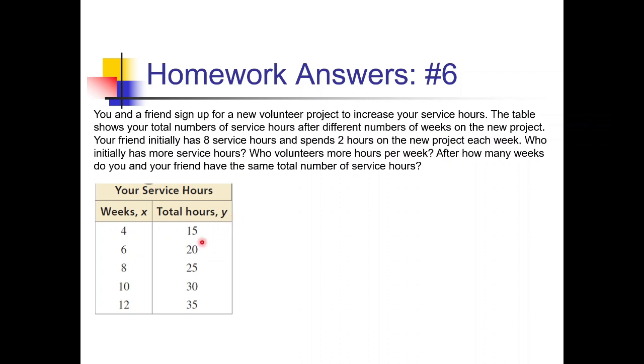So we have y2 minus y1, 20 minus 15, over x2 minus x1, 6 minus 4, and I'm calling this m sub y. This is your slope. Y stands for yours. So now we have 5 over 2, which if I wanted to, I could make that 2.5 to make it a little bit easier to work with.